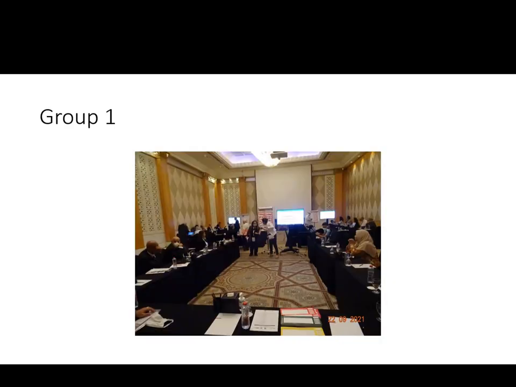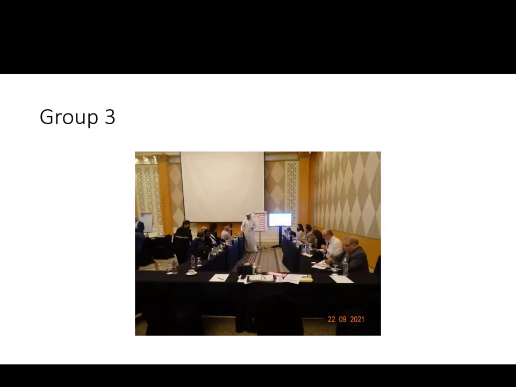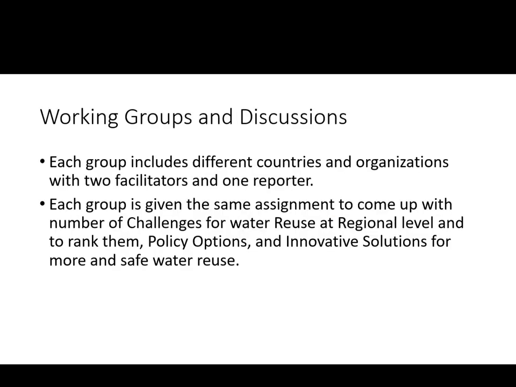This is three photographs showing how the three groups were working. This is Group 1, Group 2, and Group 3. I was presiding over the groups because, as you can see, each group includes different countries and organizations, experts from different disciplines related to reuse of water, with two facilitators and one reporter.